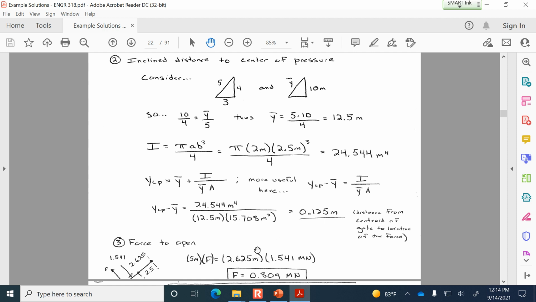So that's why this moment distance is 2.625 meters multiplied by the magnitude of the force. And what that means is, since the applicable distance is longer, the force required to open the gate is less than the hydrostatic force that was applied to it. So it only needs to be 0.809 meganewtons to counteract this 1.541 meganewton counterclockwise force.